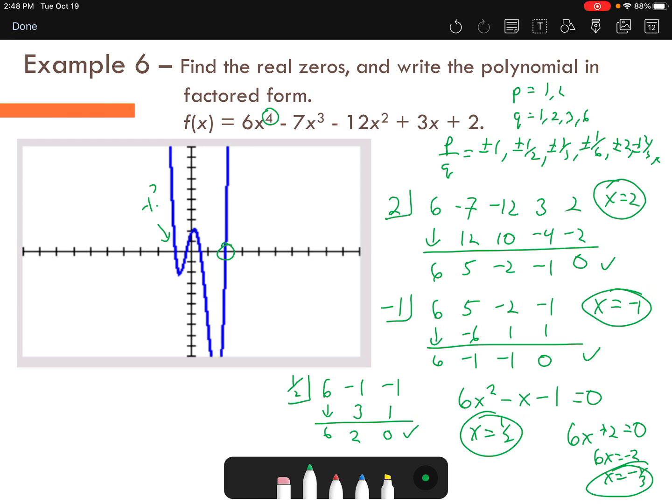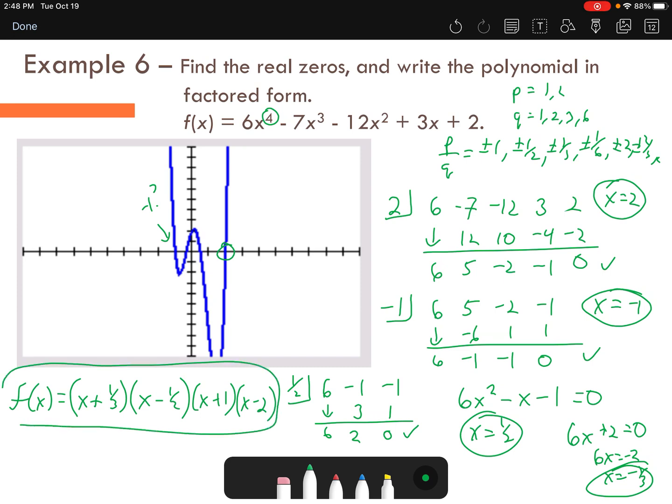So there's our zeros. -1/3, -1, 1/2, and 2. So f of x then can be factored this way. X plus 1/3, x minus 1/2, x plus 1, I know I'm all over the place here, and x minus 2 would be our factors.